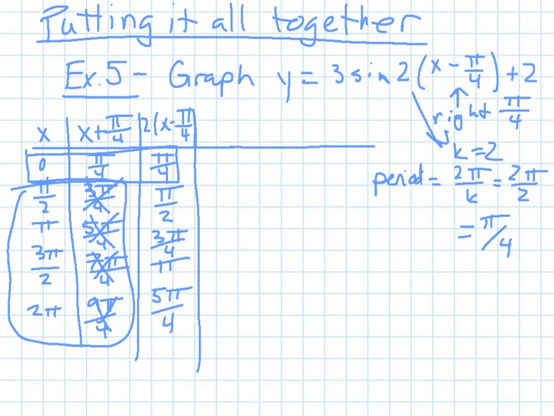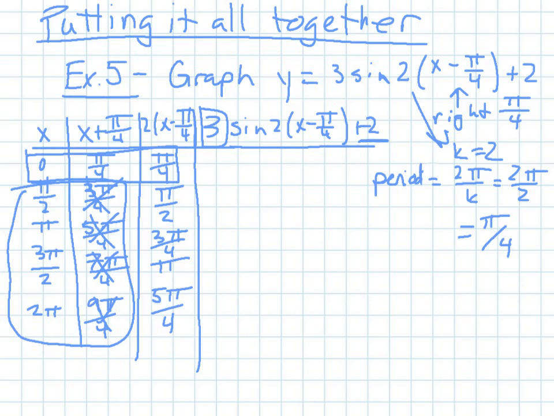Okay? So now I want to be able to take 3 sine of that. And let's just say I add 2 at the end as well. So I'm going to do the multiplication and then add 2 to my values. So plugging in pi over 4 into sine, we actually need to plug it in.